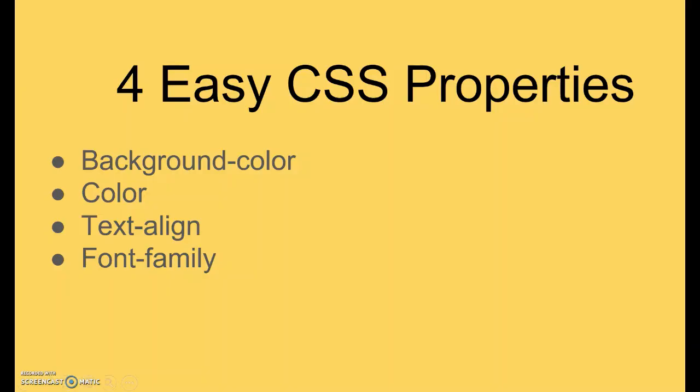Okay, just a quick discussion of the properties that I had going on there. The CSS property background-color, background dash color to be specific, allows me to change the color of my background. For example, this is a PowerPoint file, and here you can see I have a dark yellow going on because I like that color.